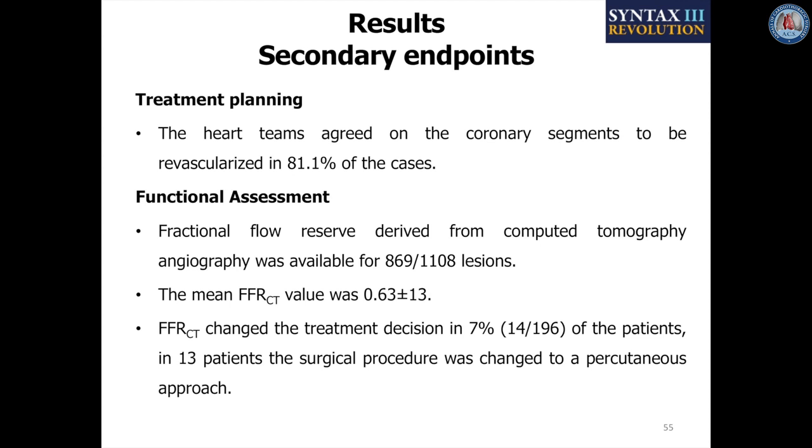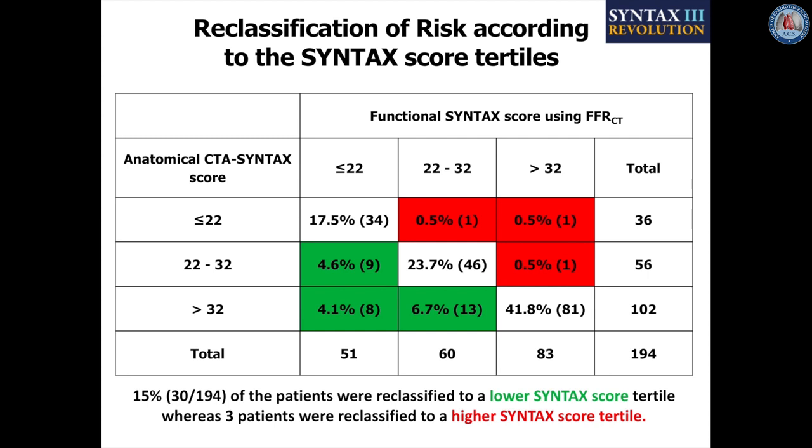In 13 patients, the surgical procedure was changed to a percutaneous approach. And on this final slide, you see that sometimes there was a reclassification here in 9, 8, and 13 patients.